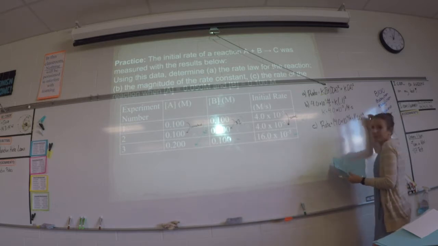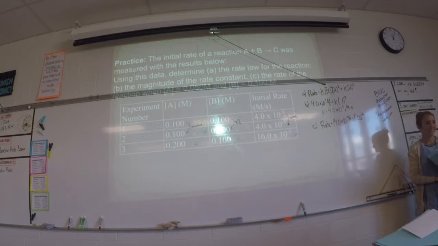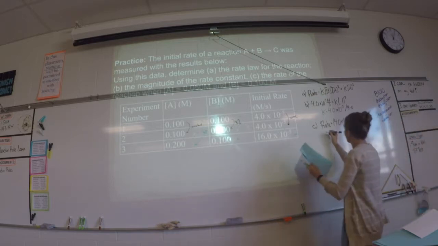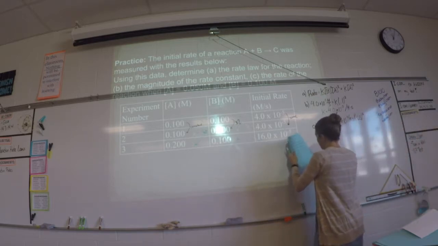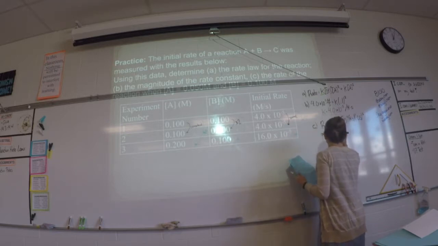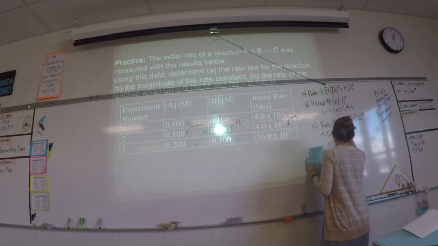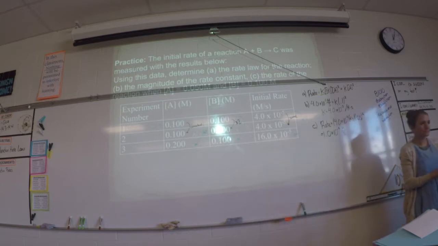B doesn't matter. And then we would find that the new rate for this example is 1.0 times 10 to the negative 5 molarity per second.